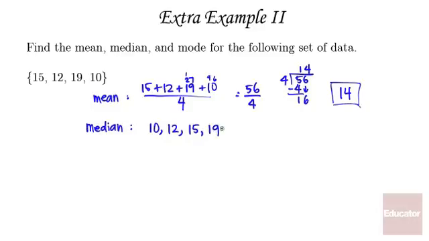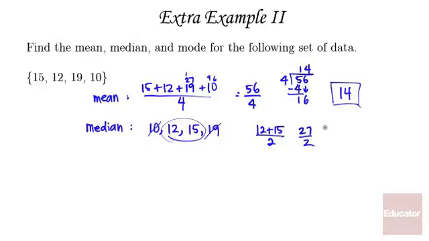Okay, and then the middle number, so we have 2 middle numbers. So we're looking for the middle right in between 12 and 15. So we're going to find the average. So we can add those 2 numbers together. So it's 12 plus 15 divided by 2. This becomes 27 divided by 2.